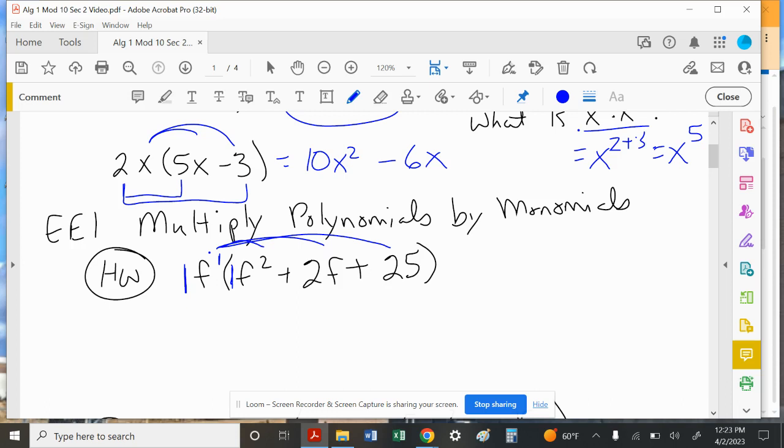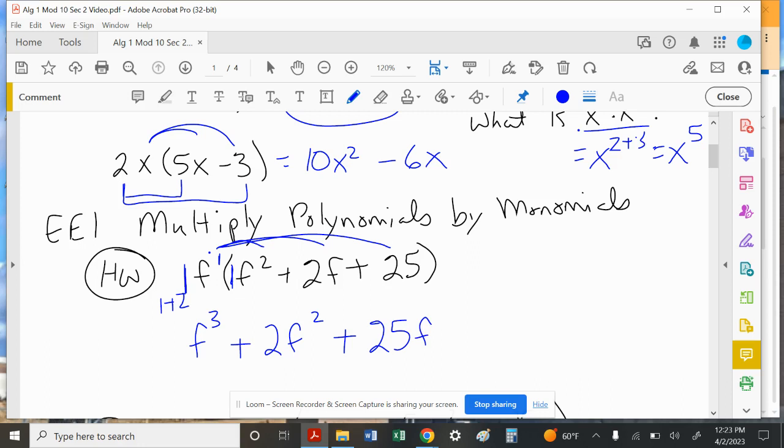F to the first times f to the second is f to the third, because we add those two: 1 plus 2 is equal to 3. Then we have plus 1 times 2, which is 2. F to the first power times f to the first power is f to the second power. And finally, we have 25 times 1, which is 25 f to the first power. And so we write it like that.